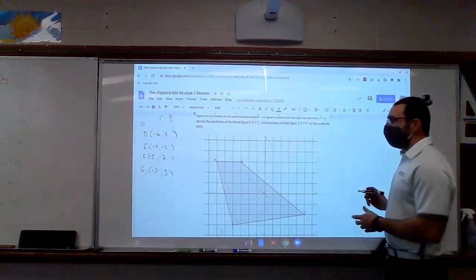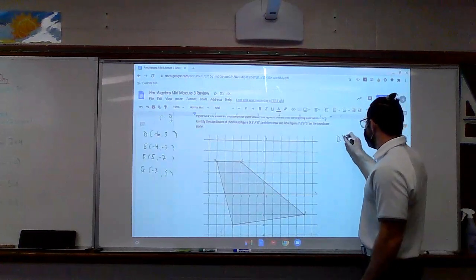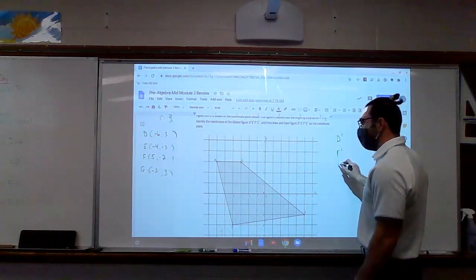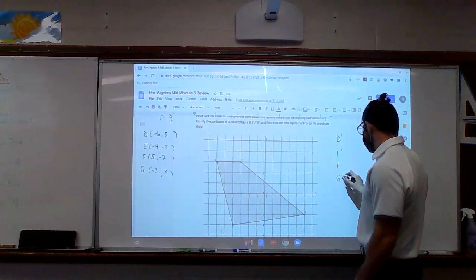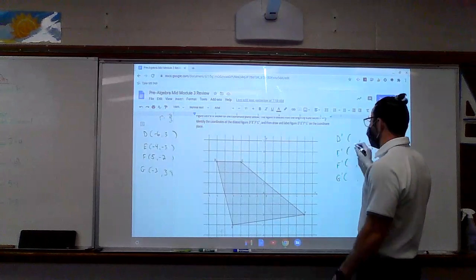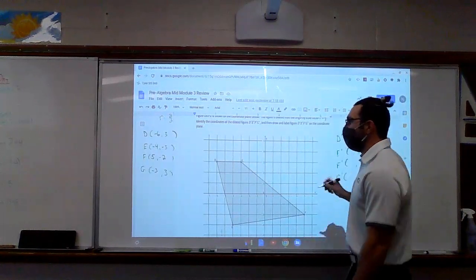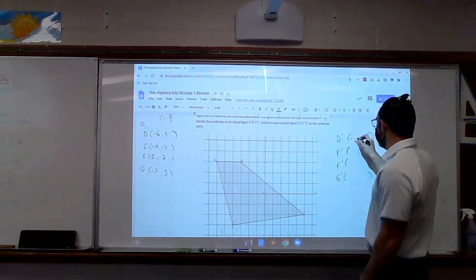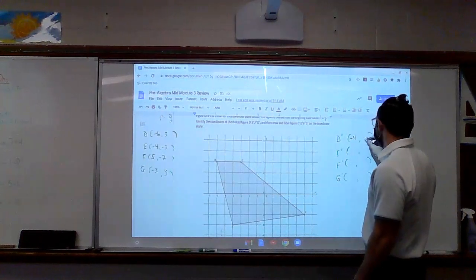Okay, so we've labeled all those: D prime, E prime, F prime, G prime. We are multiplying all of our original numbers by 2/3. That gives me D prime is (-4, 2).